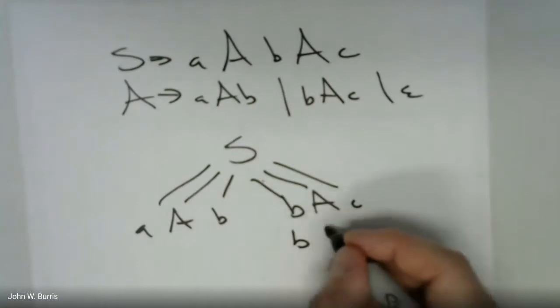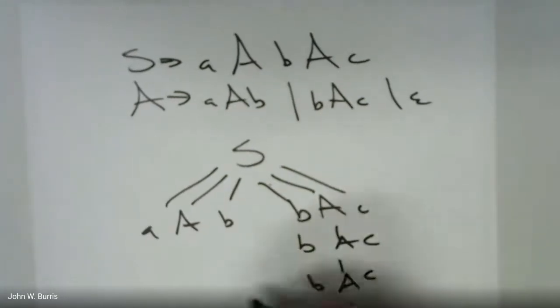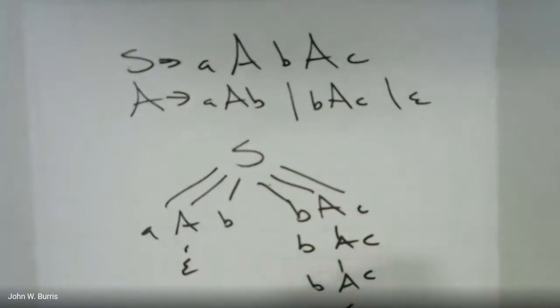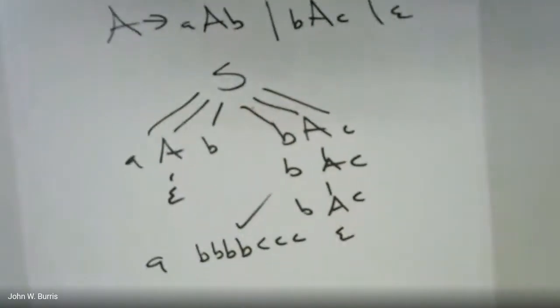This one can iterate just as many times as it wants to, and this one can just terminate. And this would give us A, B, B, B, B, C, C, C. It would generate that string, which is not what we want to do.